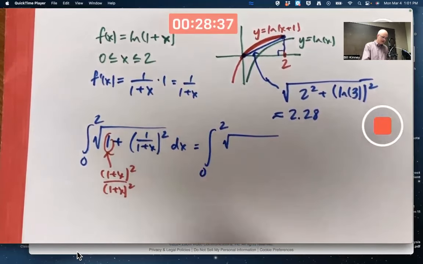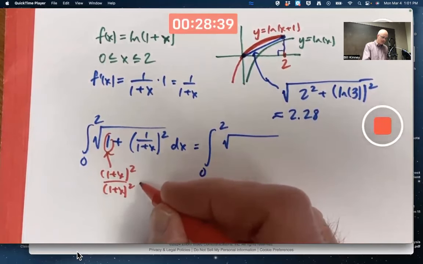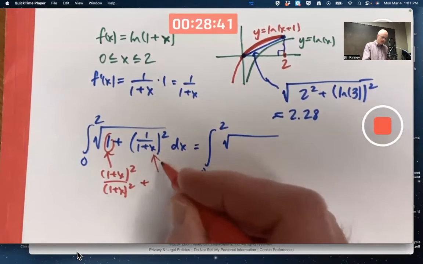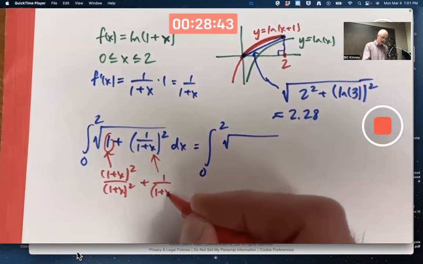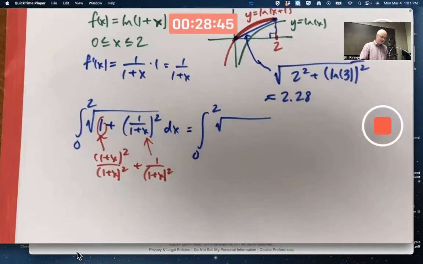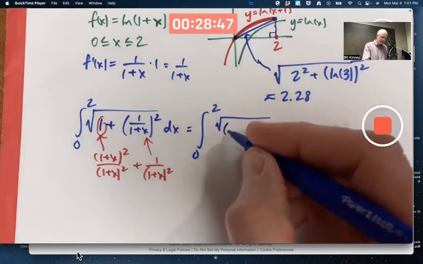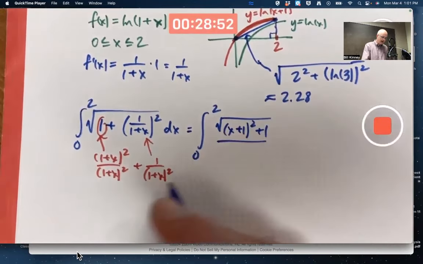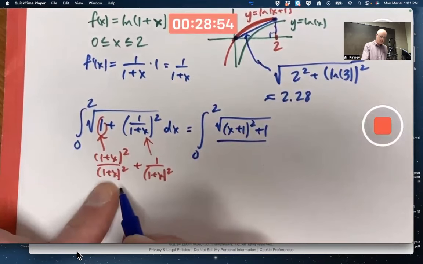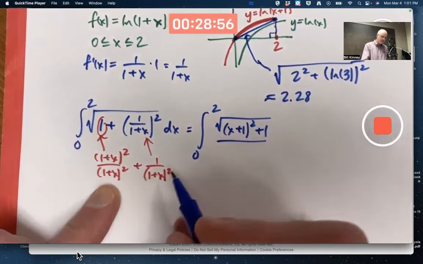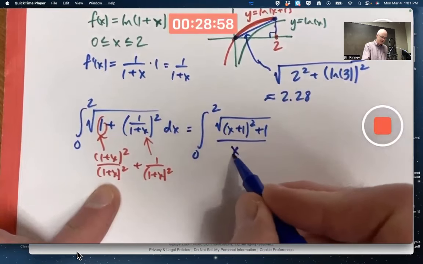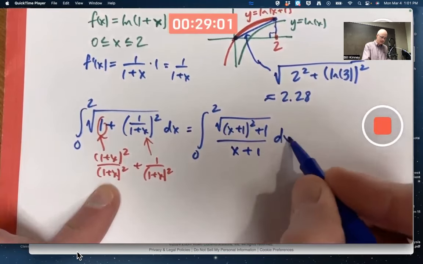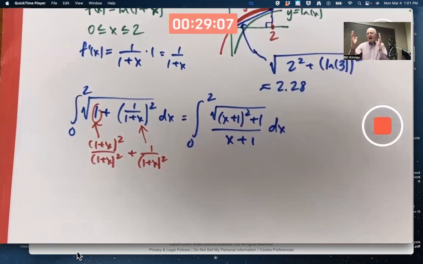And then I can add 1 squared to the numerator, to get the square root of, I'll write it as x plus 1 squared plus 1. And in the bottom, I've got square root of 1 plus x squared. Effectively, the square root and the square root cancel, leaving you with just an x plus 1. Technically, it's the absolute value of x plus 1, but x plus 1 is positive here.